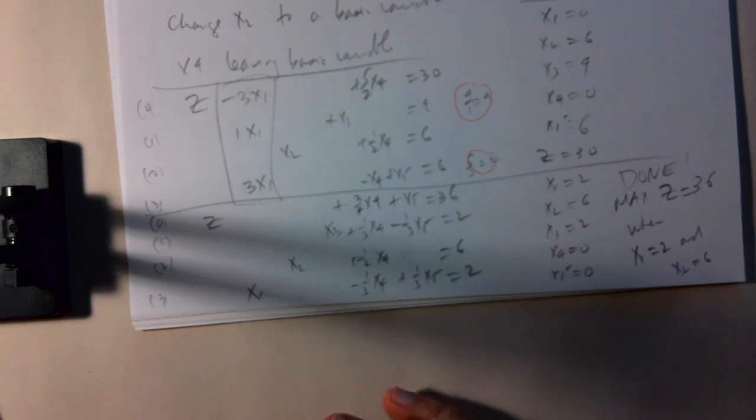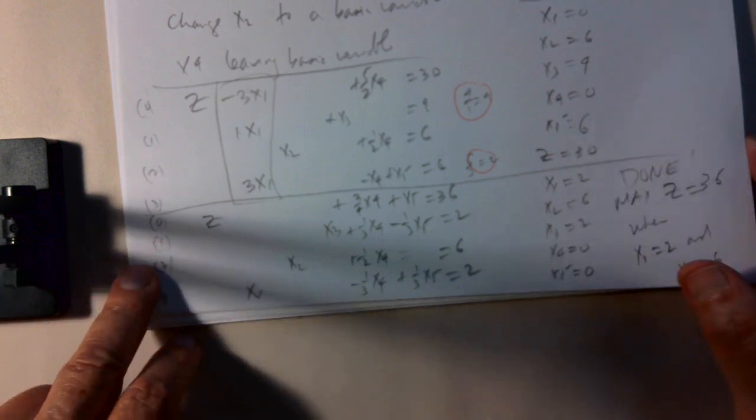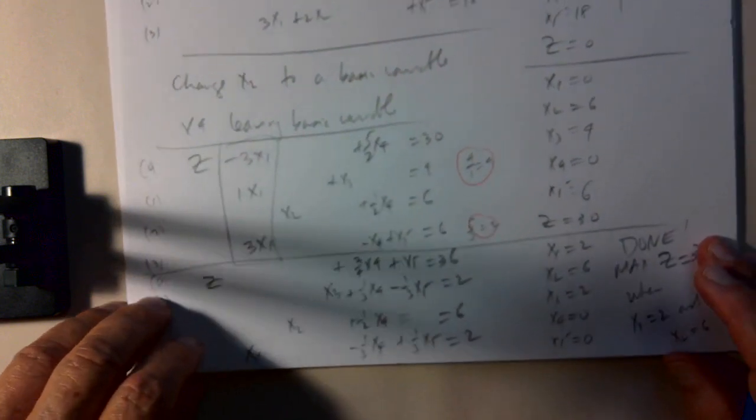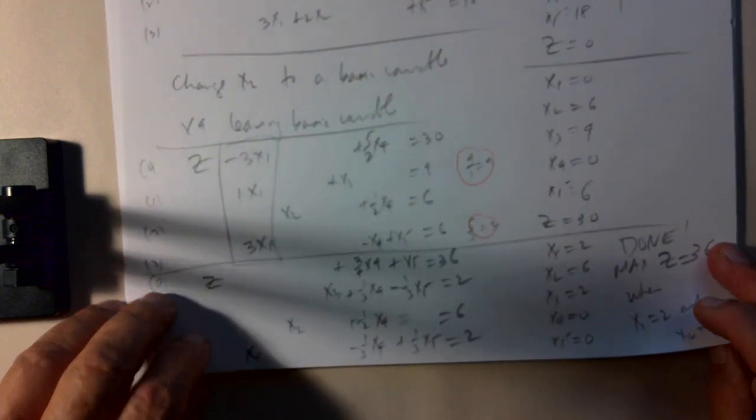So this is the algebra of the simplex method. Now I'm going to make this a little bit simpler by converting this to what is called tableau form.